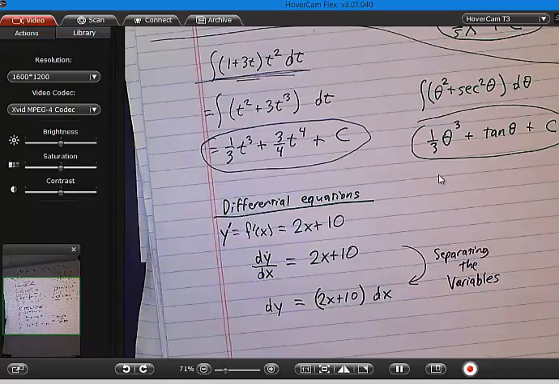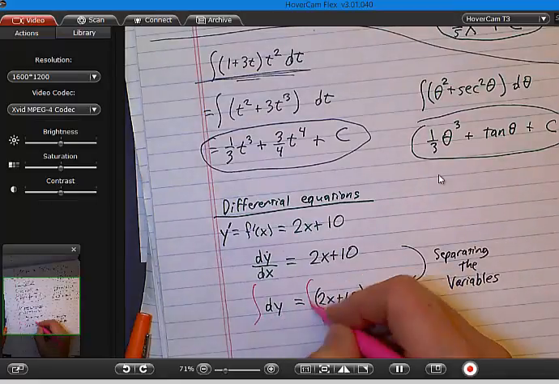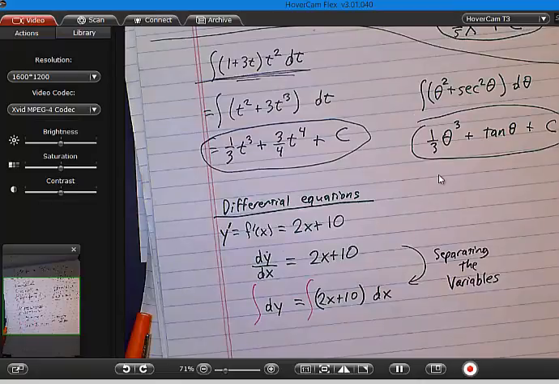With me? Okay. And now, why do we do that? Well, we do it because what we want to do next is take the antiderivative of both sides. So you'll see I'm going to put a little pink curve here and a little pink curve there, which means antiderivative. And these differentials are here. So now we're able to do the problem.